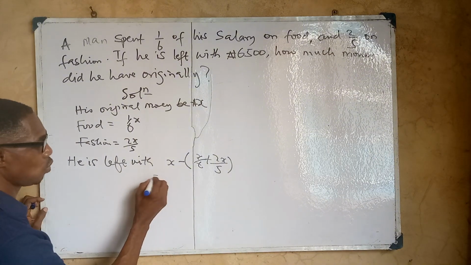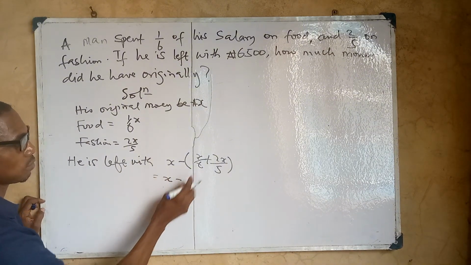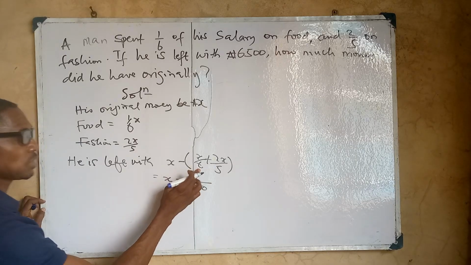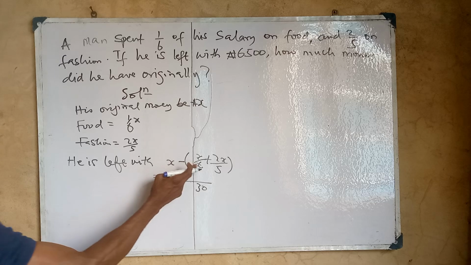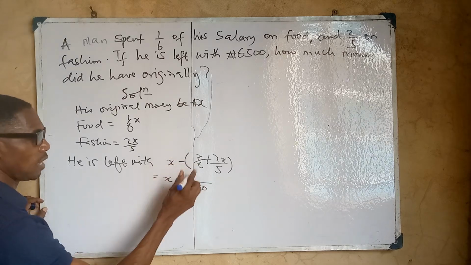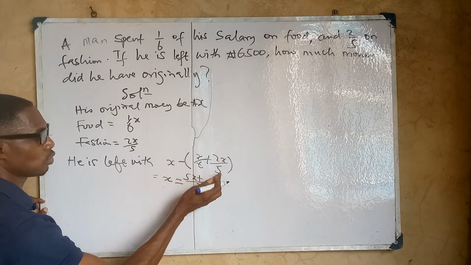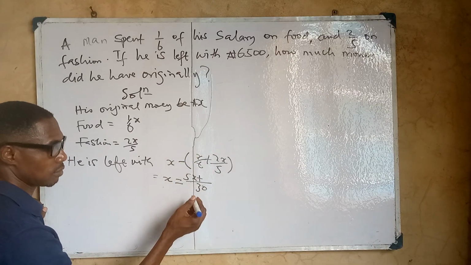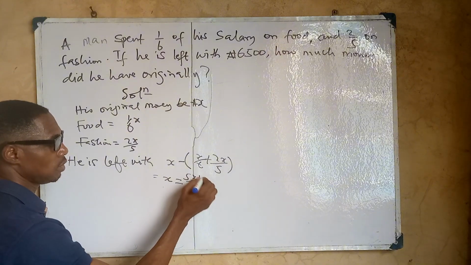So this is equal to x minus this. What's the LCM? 30. The LCM of 6 and 5 is 30. 6 into 30, 5 times x, 5x, plus 5 into 30, 6 times 2x is 12x.